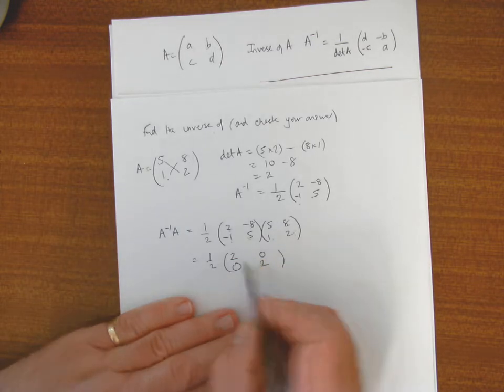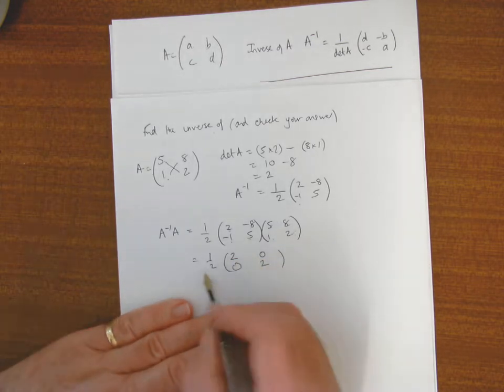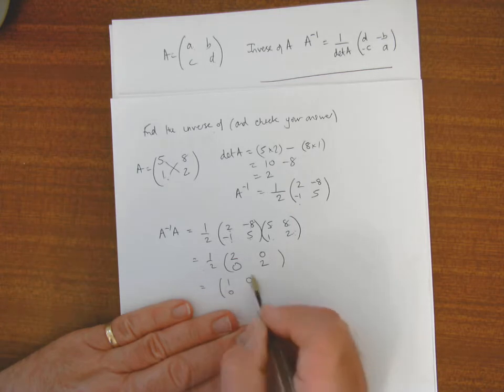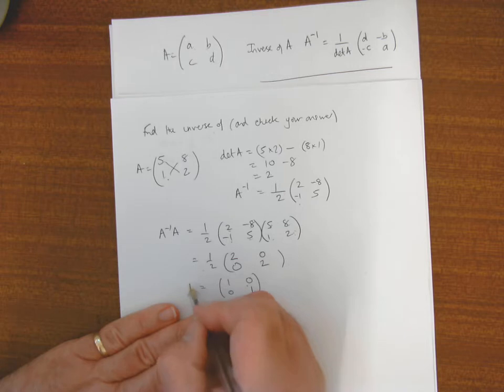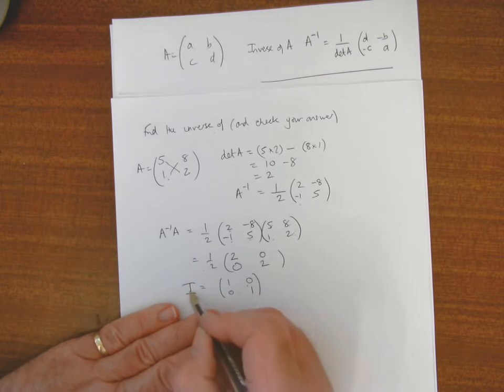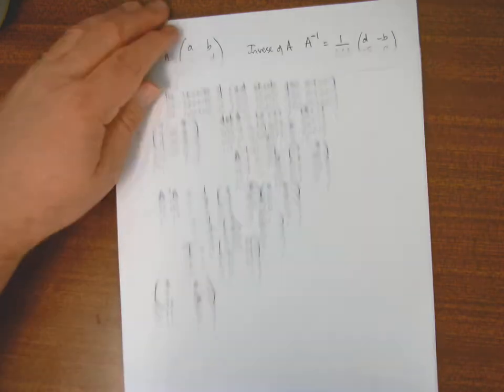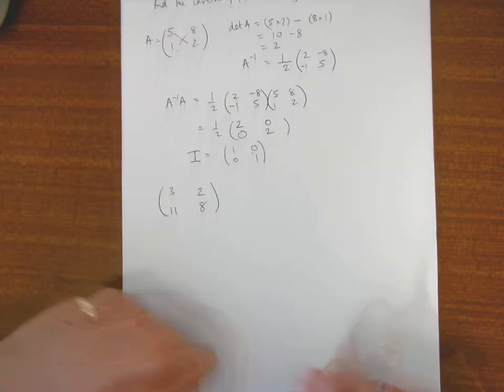That half changes all 4 entries in that matrix to 1, 0, 0, 1. And that matrix is what we call the identity matrix, which has the effect like the number 1 in our number system.